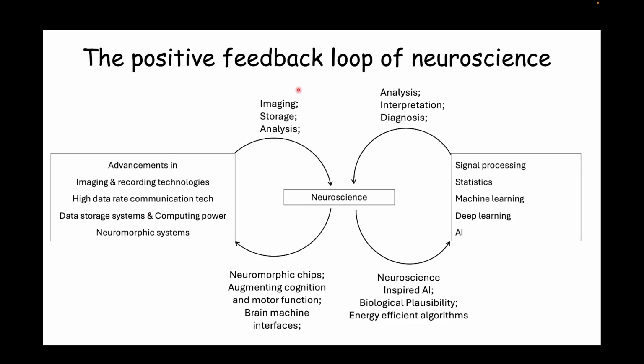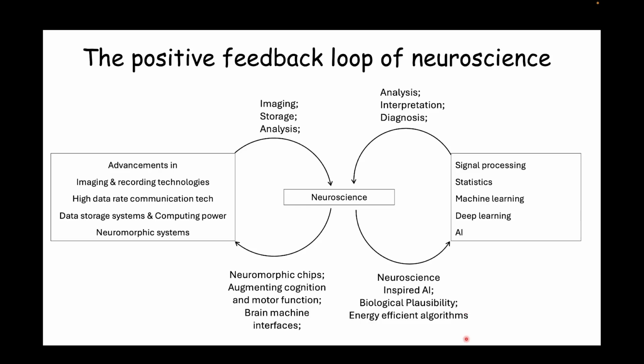Advances in signal processing, machine learning, and deep learning also help us interpret the neuroscience data better and make good discoveries or good diagnoses. And again, understanding the brain helps us make neuroscience-inspired AI or biologically plausible learning, which is known to be more efficient than general training of very deep neural networks.